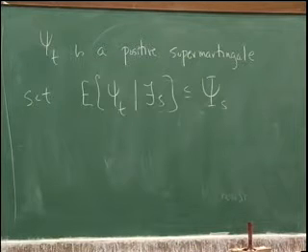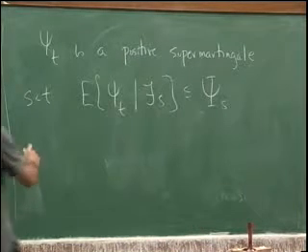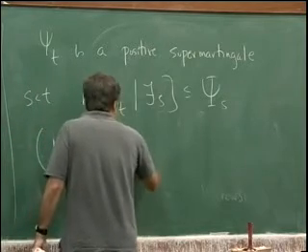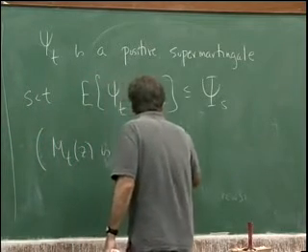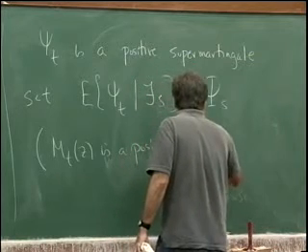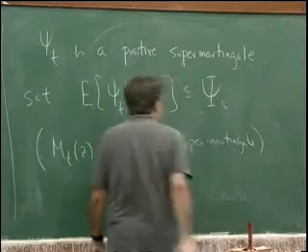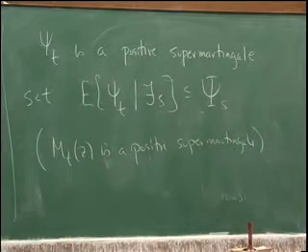And that follows almost immediately from the fact that m_t(z) is a positive supermartingale. Everything's positive, so interchanging expectations and integrals is no problem.